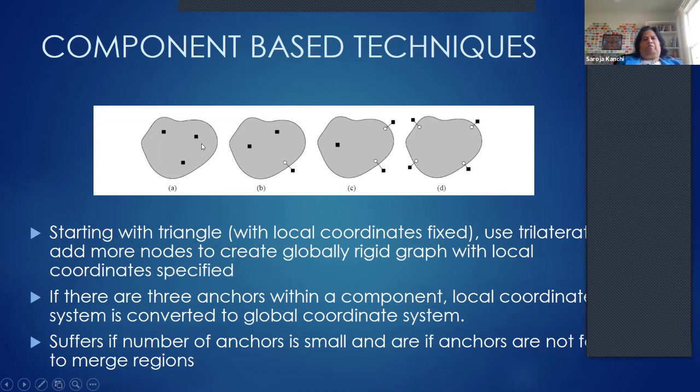So you had a local map for the area, and then you would move to a global map using one of these 4 techniques. Again, this suffers from the number of anchors. If the number of anchors is sparse, and it depends on where they're located, you may or may not be able to localize these globally rigid regions and get into a global map.